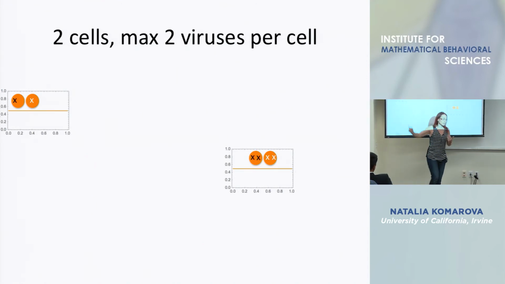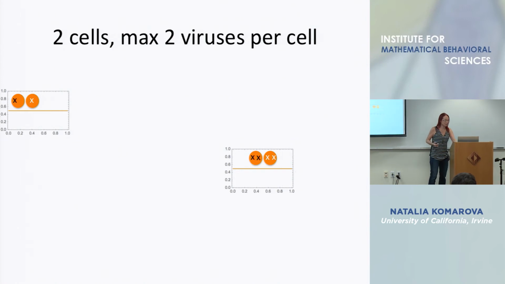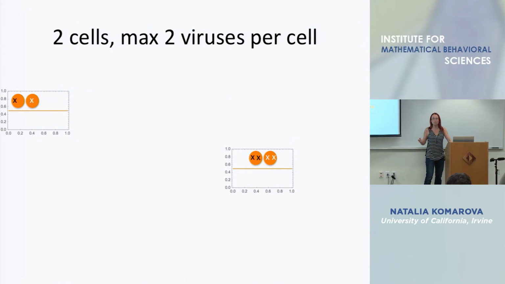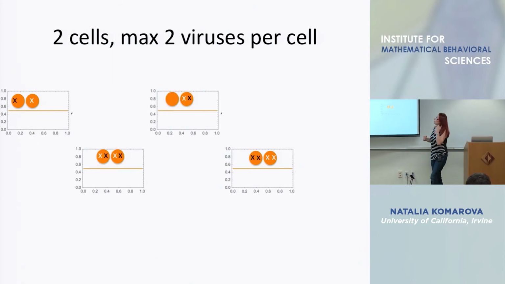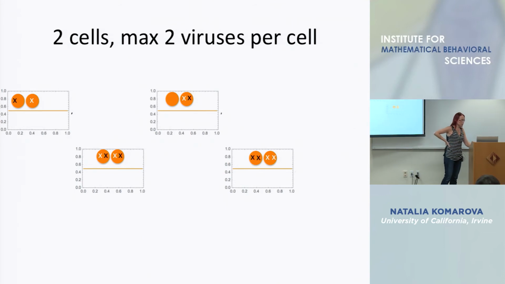So as expected, half of the time the mutant will win, half of the time the normal virus will win. And by winning, I mean there are some cells that are only infected with mutant virus. Okay, these initial conditions are also symmetric, right? So here, again, half the time the white viruses will win.